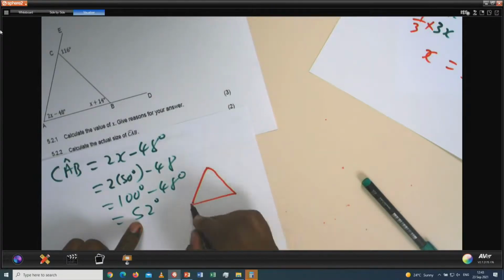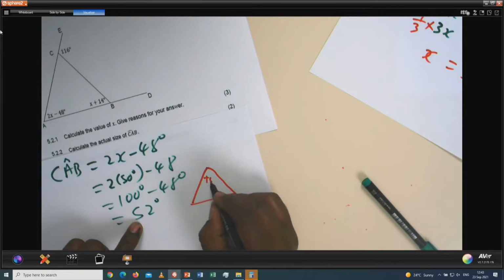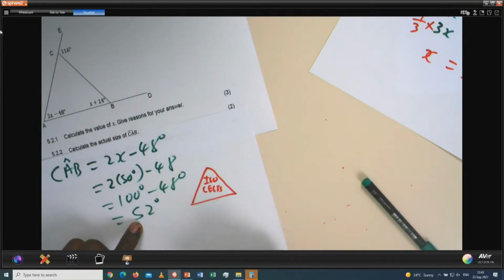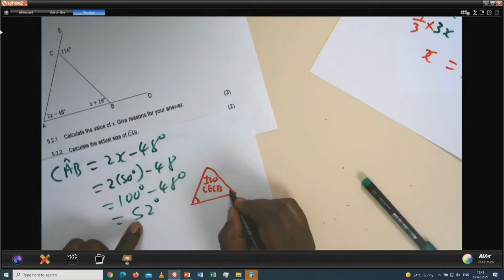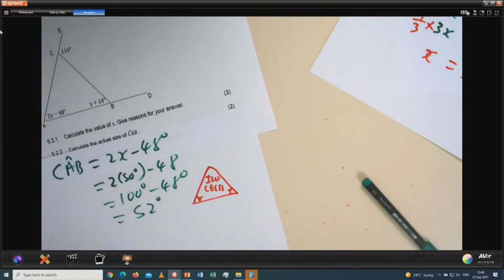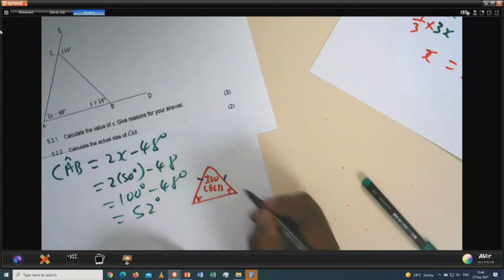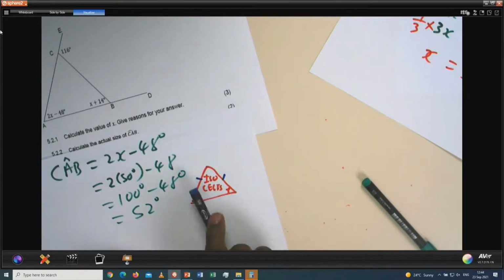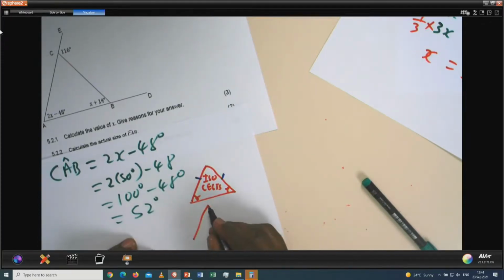Isosceles: two angles will be equal, and two sides will be equal. Angles opposite equal sides must be equal. That's an isosceles triangle.